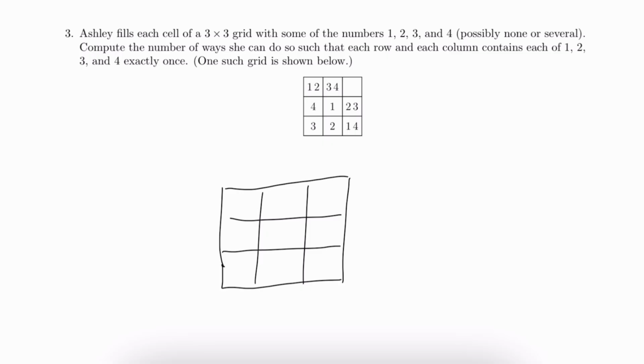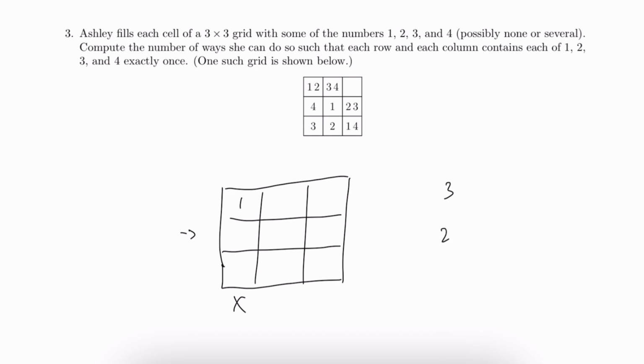Well, we can just go row by row now, right? In the first row, there are 3 places to place the 1. Let's say, without loss of generality, let's just place it there. And placing it here gets rid of this column, right? So in the second row, we only have 2 spaces left to place it.